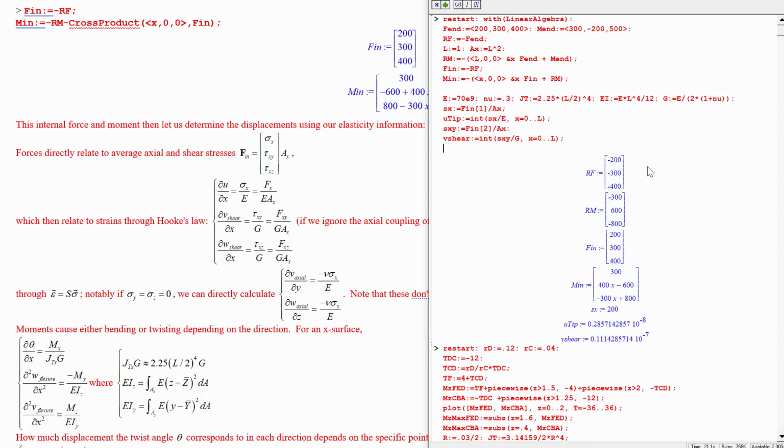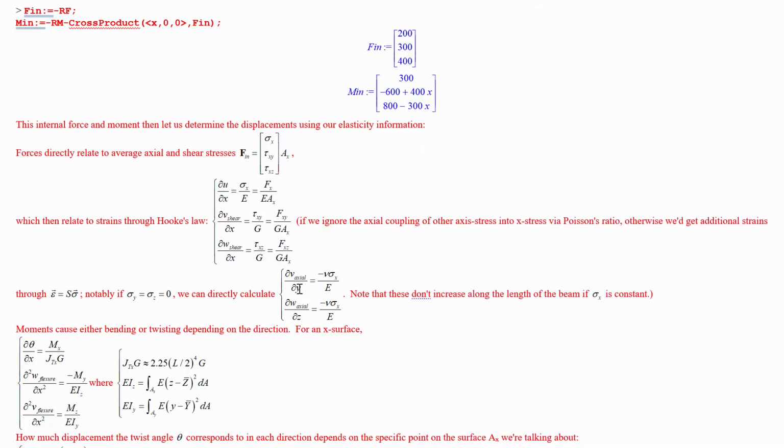What else? We've got normal displacement because of V axial, del V axial by del Y. This is a little bit complicated in what to use for this. We really should use the sigma at the end and then integrate from the center line out towards the edge.